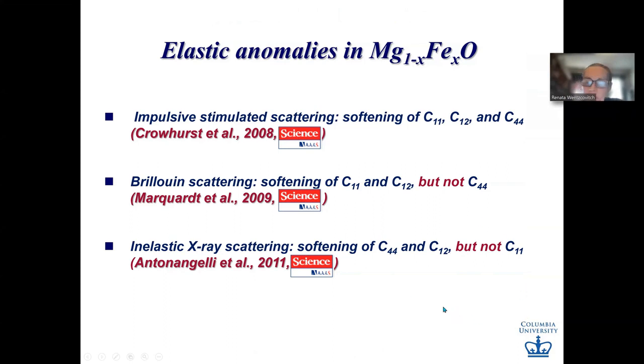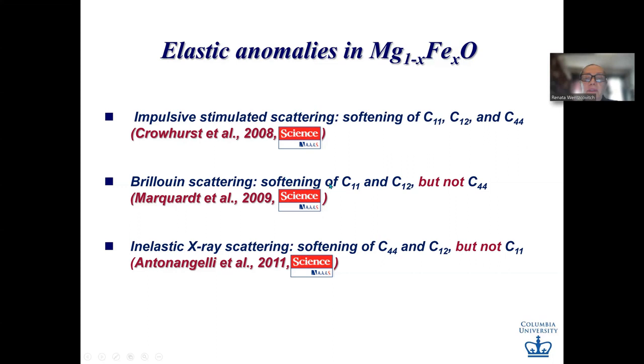So the state of affairs about elastic anomalies: we know they exist because it is there in the bulk modulus. Rock salt material, cubic, 3 elastic coefficients, C11, C12, C44, right? The first measurement by impulse stimulated scattering showed that there's softening in all 3 elastic coefficients.